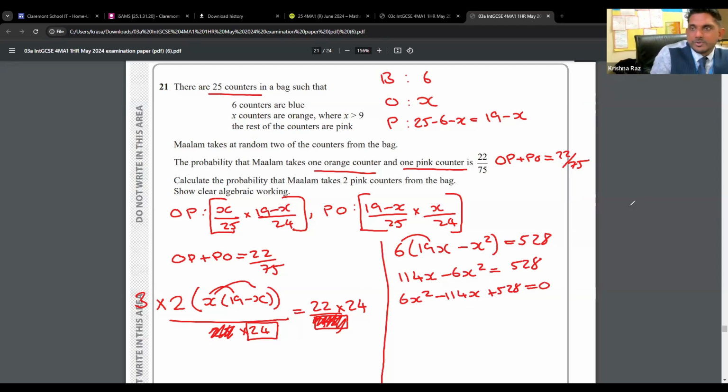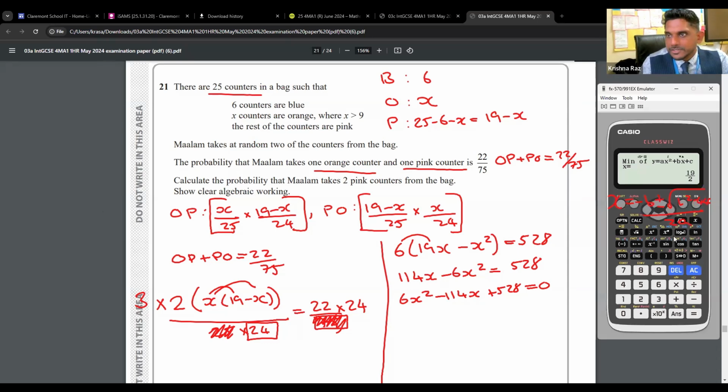So if we use the quadratic formula, x equals minus b plus or minus square root of b squared minus 4ac all over 2a, we will get the solution. So fraction button, set up 1.